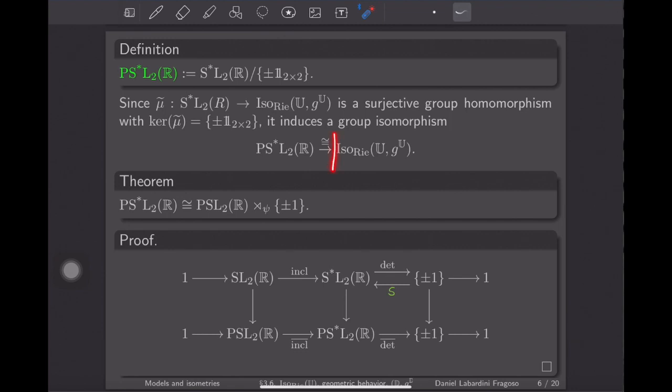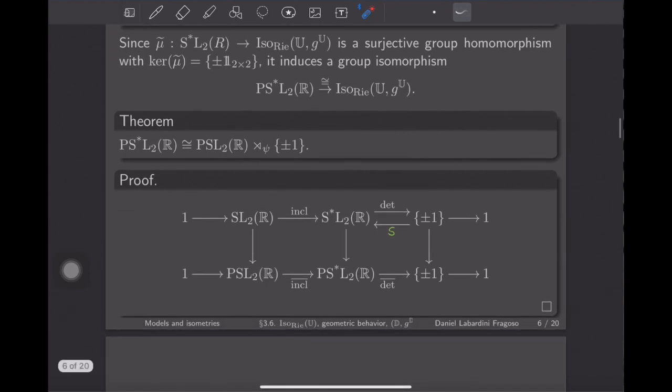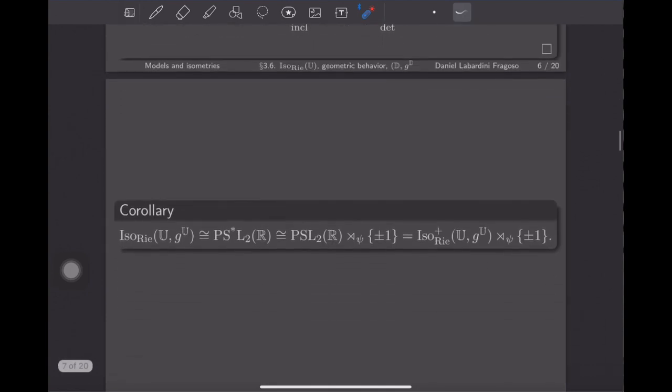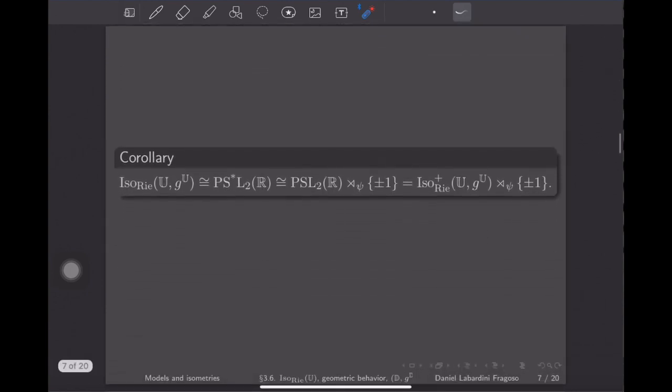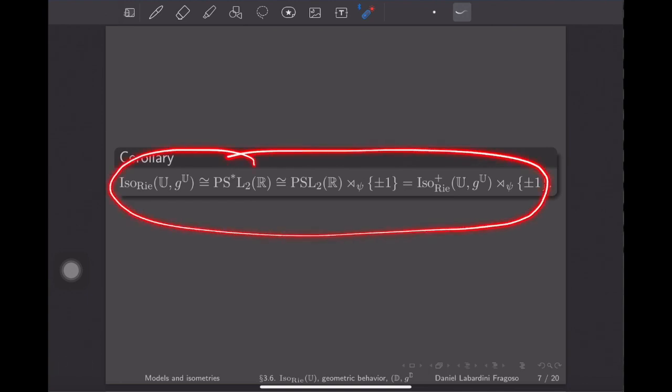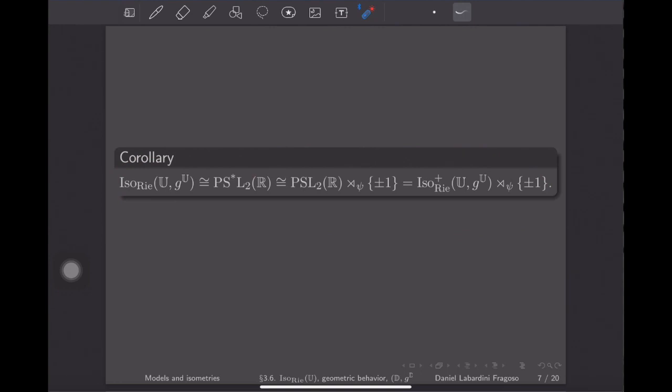And this full computation allows us to complete the computation we started in the hyperboloid, and it also will allow us to give a full description of the full Riemannian isometry group of the Poincaré disk. Which, by the way, we still have to study in more detail. So this is the corollary of all the isomorphisms that we have collected.